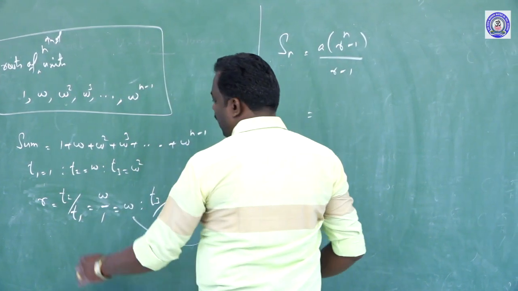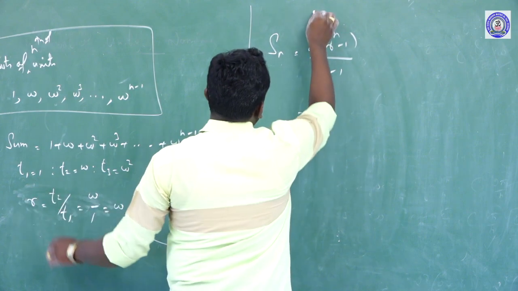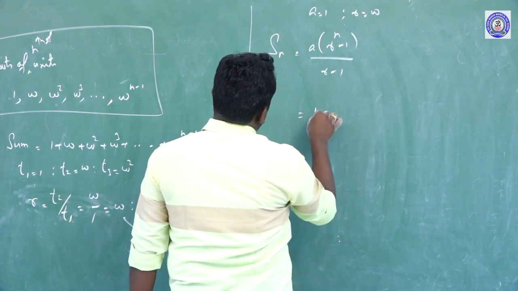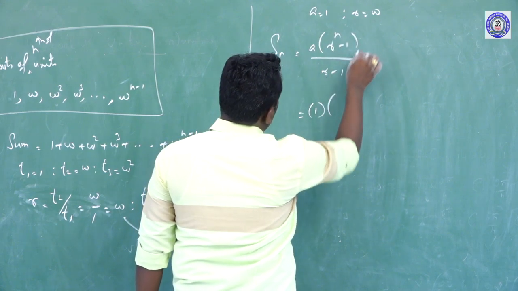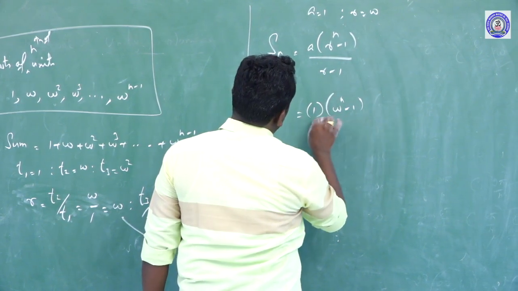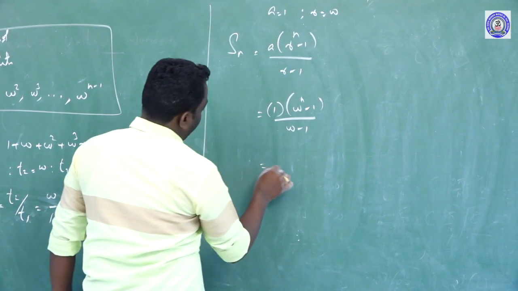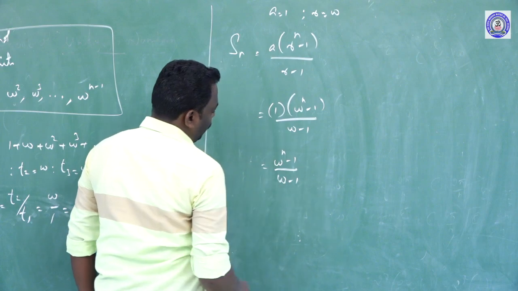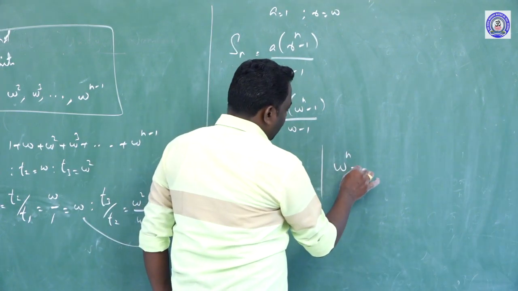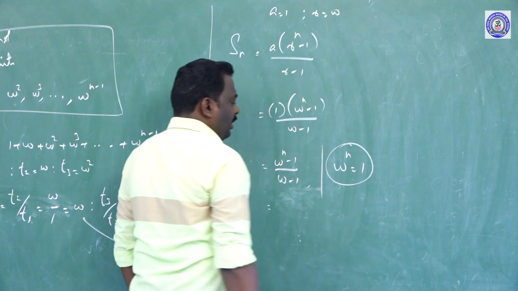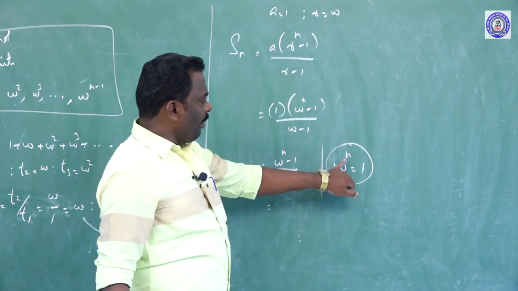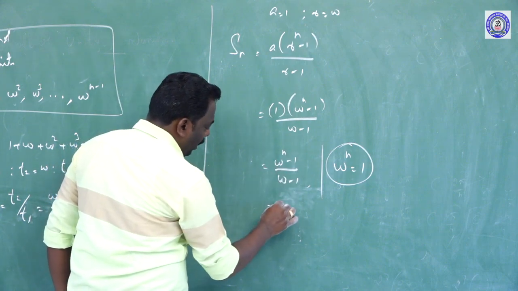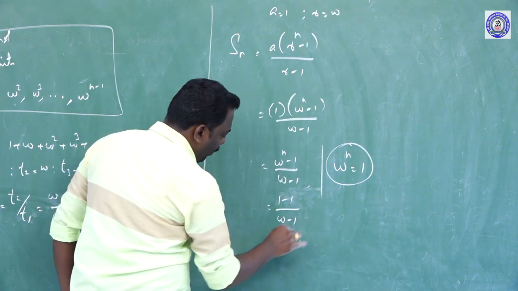So what is a? It is the first term, a equals 1, and the common ratio is defined by ω. Therefore the sum is (ω^n - 1)/(ω - 1). Here ω^n equals 1, since for the nth root of unity, always ω^n equals 1.